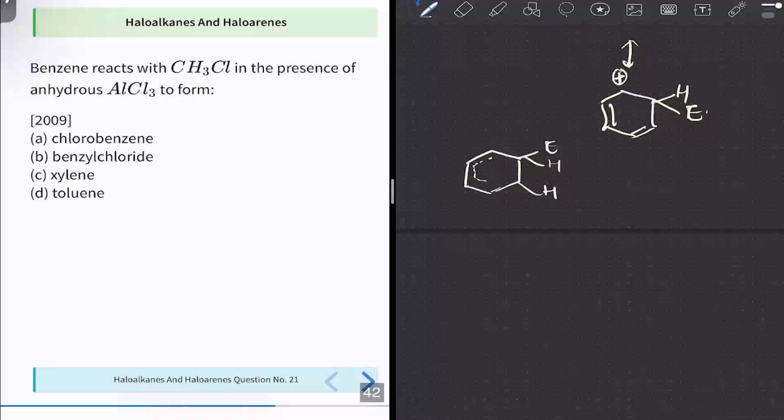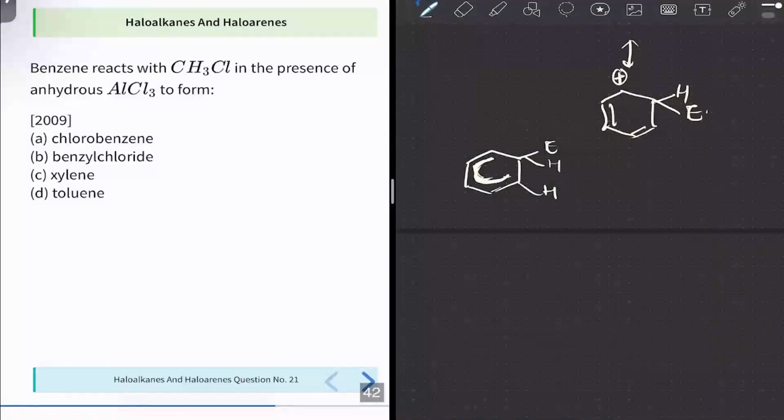It should be dotted, but I am denoting it with a solid line. So we form the carbocation.